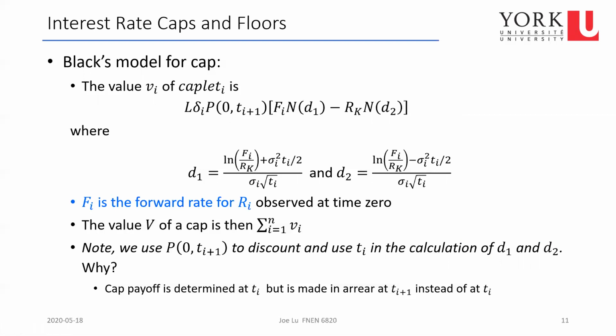Then we can use Black's formula to price a caplet. Then we add the price of all the caplets together, and we get the price of the cap, assuming, of course, that the forward rate follows a lognormal process.